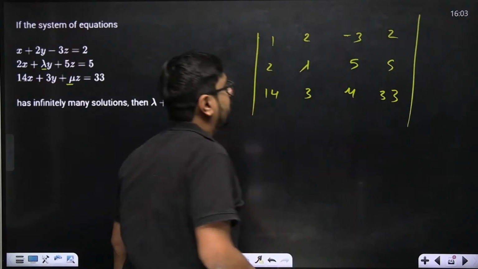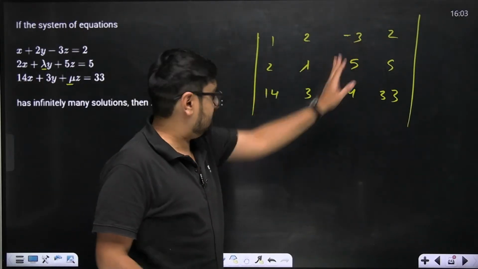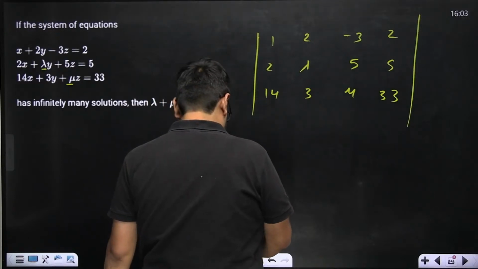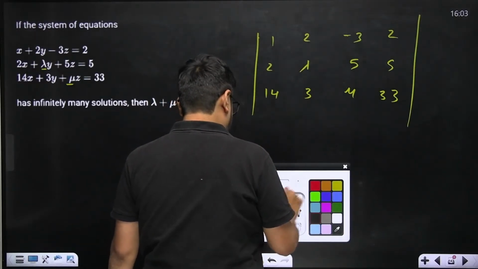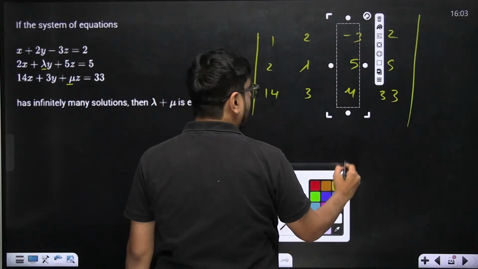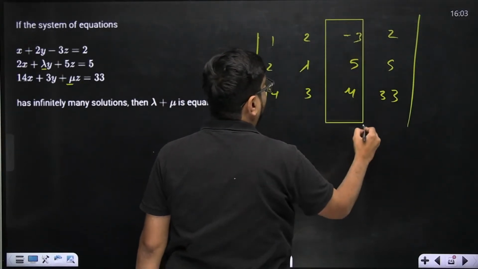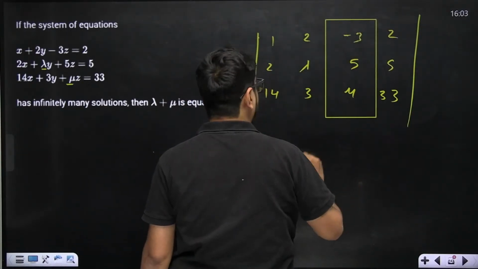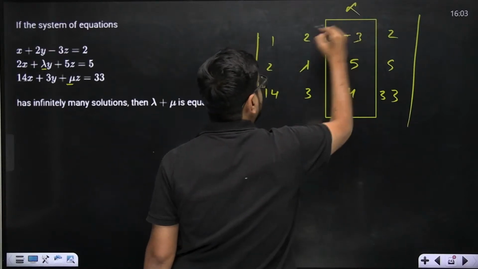Now what do you need to find? Mu and lambda. Just hide this once. Except this, solve the other determinant.